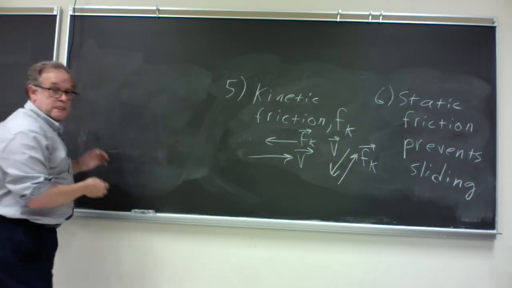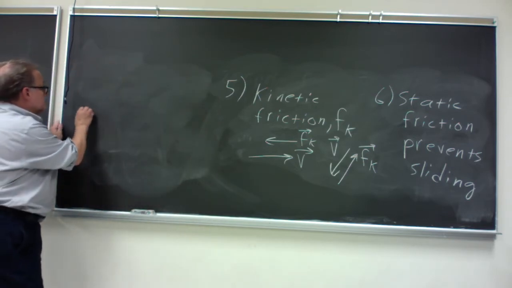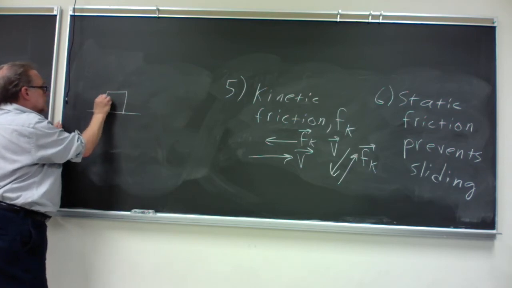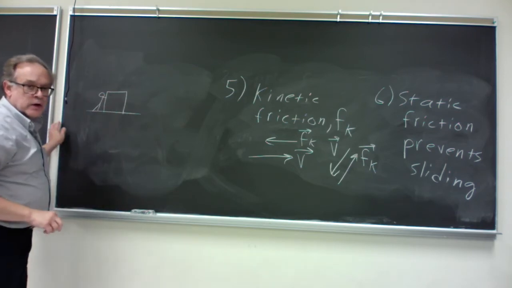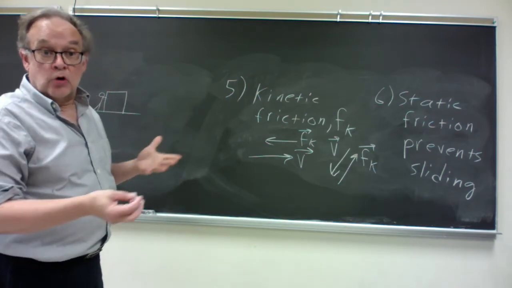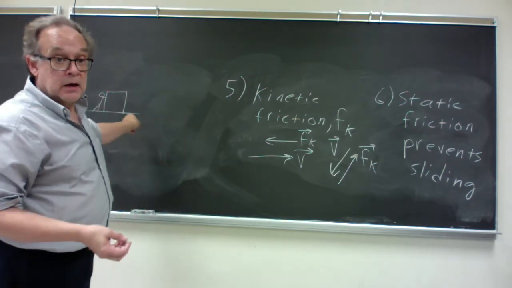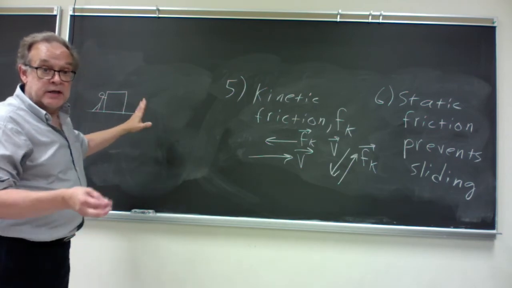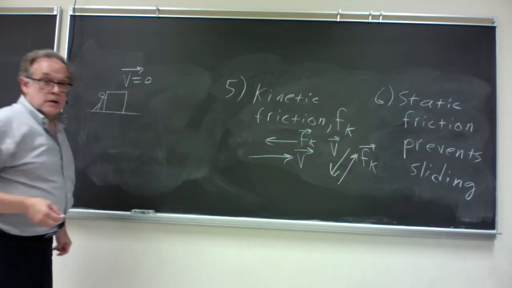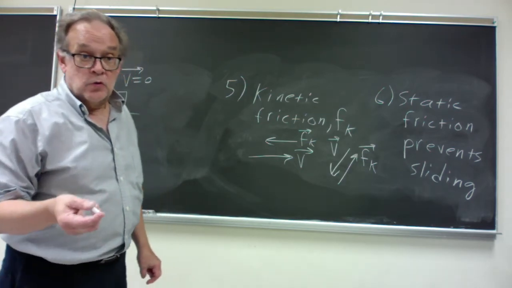For example, go back to that crate. Here's the crate, and here I am pushing on the crate. So we can identify all the forces that are acting on the crate. I'm pushing on the crate, but the crate is not moving. It has a velocity of 0. But what are the forces on that crate?